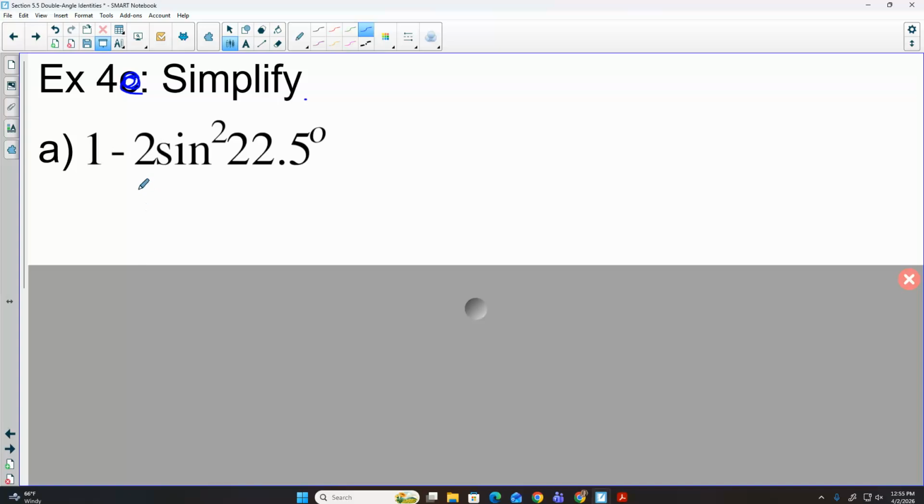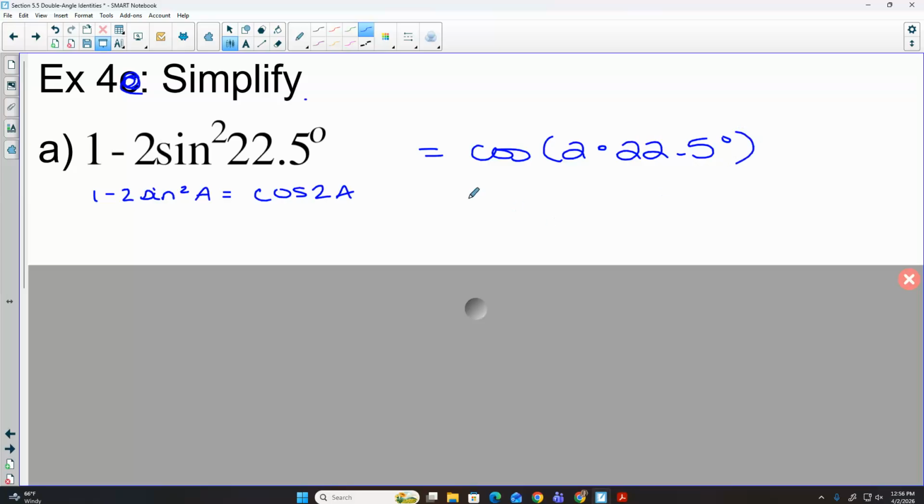Cosine 2A. This is 1 minus 2 sine squared A. So that is the cosine 2A formula. A is just the angle. What's my angle here? So 2 times 22.5 is 45 degrees. What's the cosine of 45?